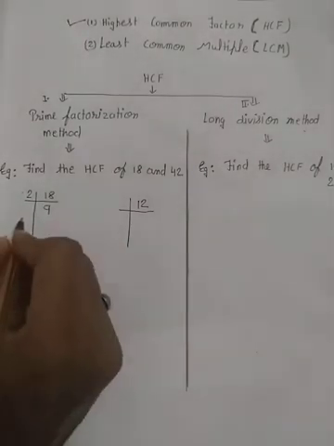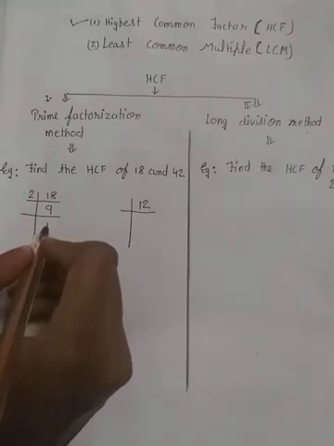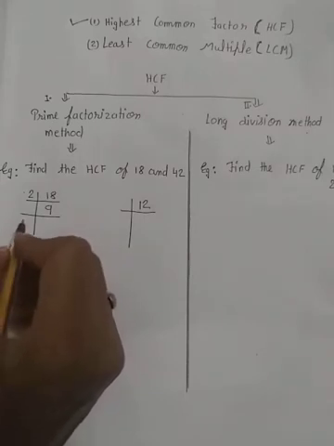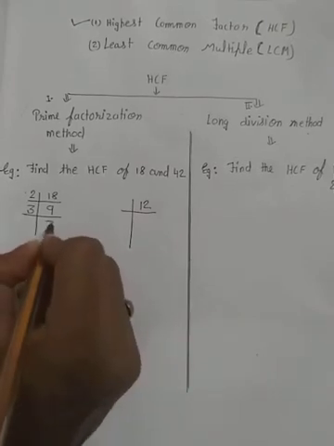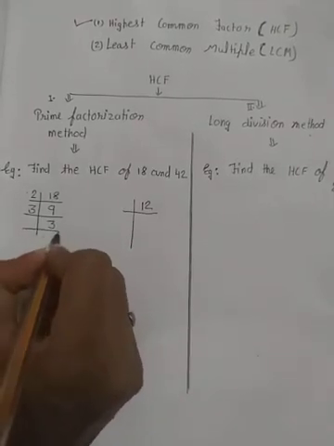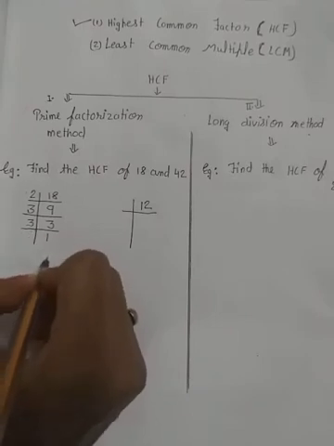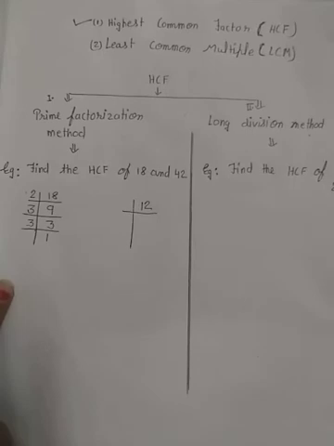Next, what number do we take to divide 9? Can we take 2? No. Can we take 3? Yes. 3 threes are 9 and 3 ones are 3. We already studied this method in activity 2, so you all know about this.